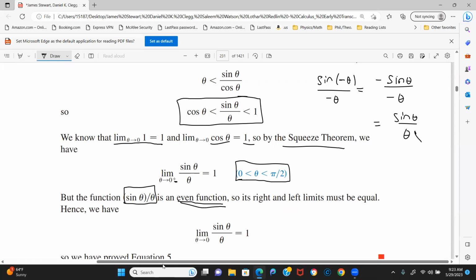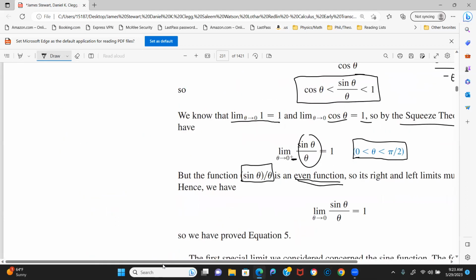So in other words, now we have this right-hand limit of this thing is equal to 1. If you take the left-hand limit as theta goes to 0 from the left, you can switch all the negatives to make it a positive and just use this limit right here. So let me make that a little more explicit. So in other words, this is what I'm saying.